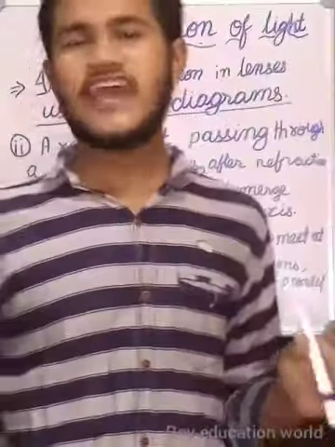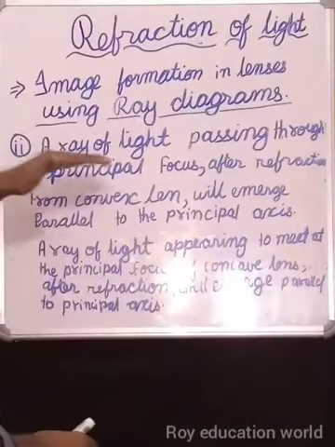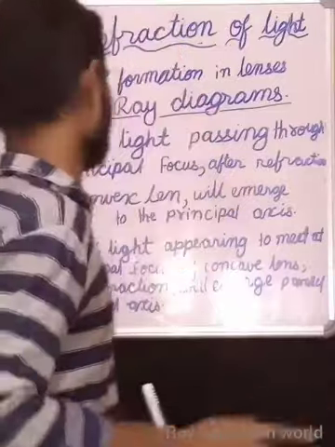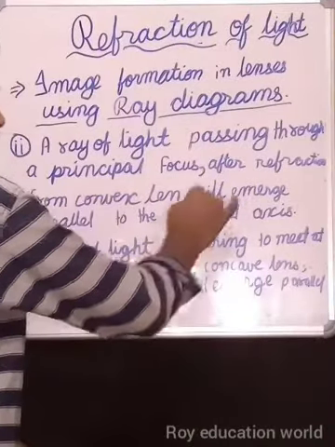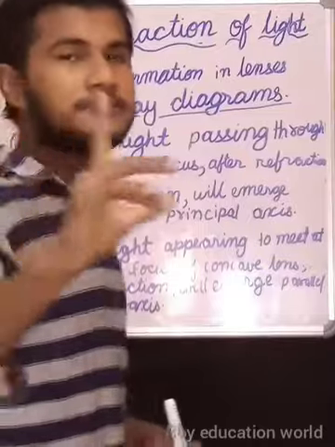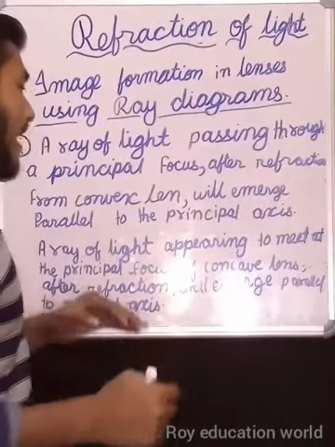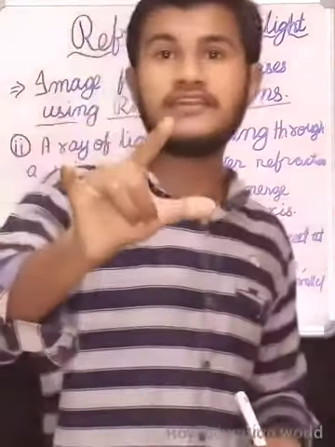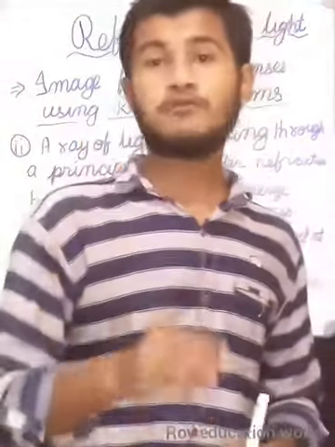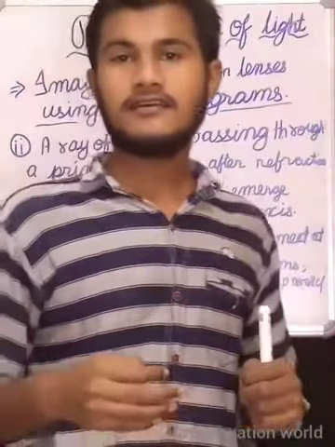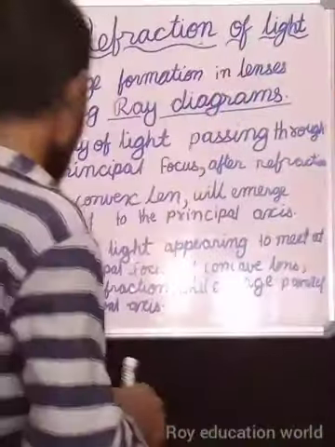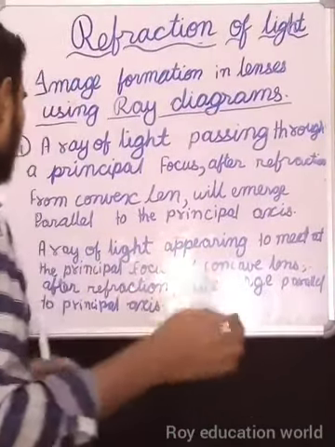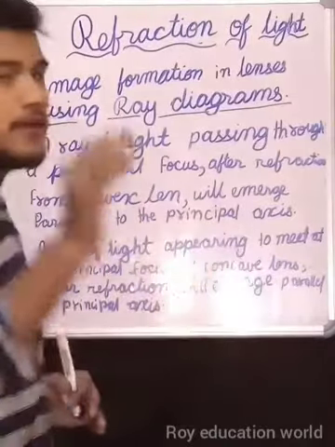Let us see the diagram. First, see a ray of light passing through a principal focus; after refraction from a convex lens it will emerge parallel to the principal axis. A ray of light appearing to meet at a principal focus, meaning it is imaginary, of a concave lens, after refraction will emerge parallel to the principal axis.